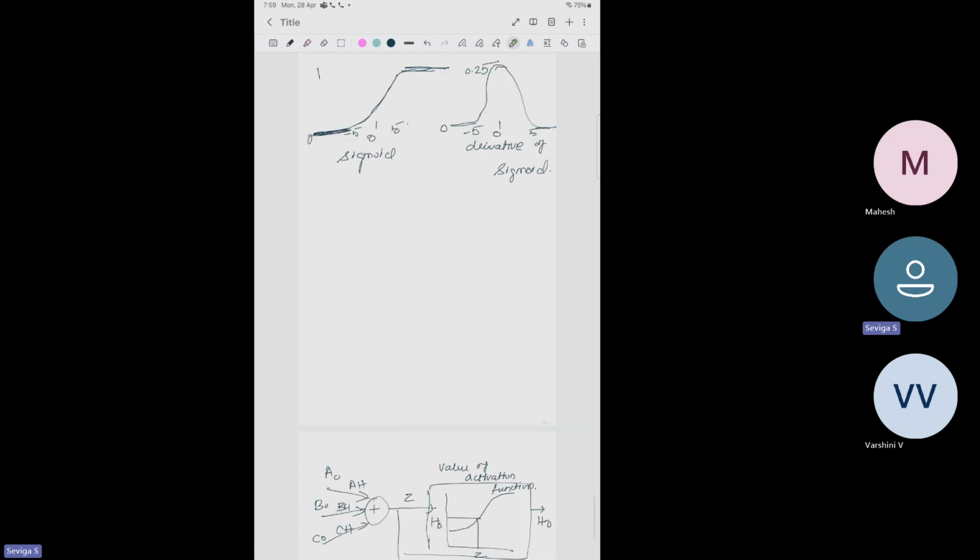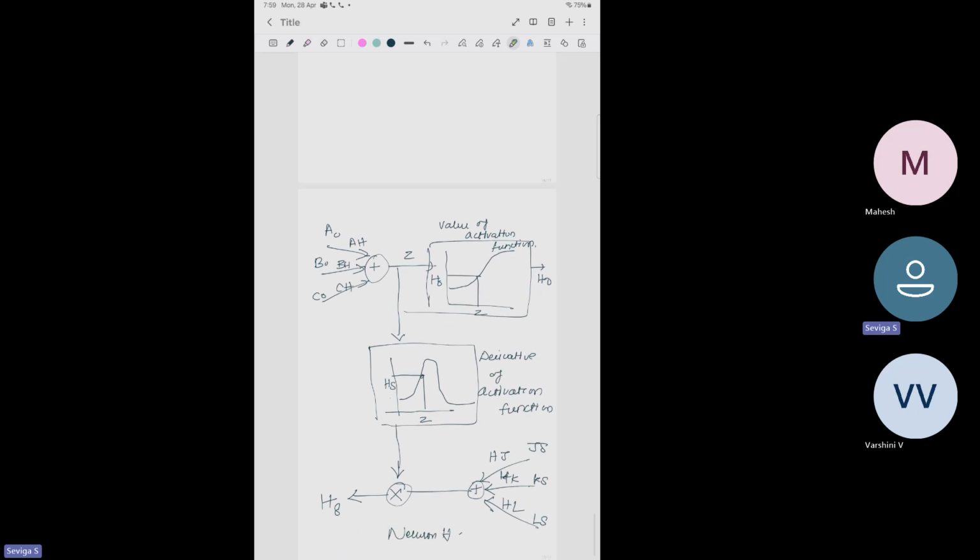Now we are including the activation function. So what happens? After adding, let us assume the output of this is Z. We feed the Z into the activation function, and the corresponding output will be H naught from this activation function. Meanwhile, we will take the Z and look at the steepness of the curve using the derivative of the activation function.